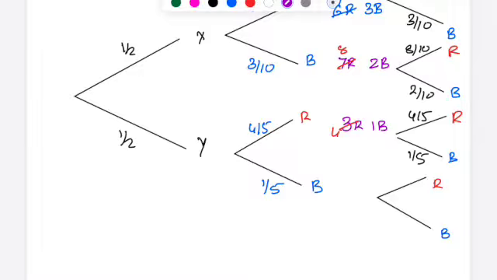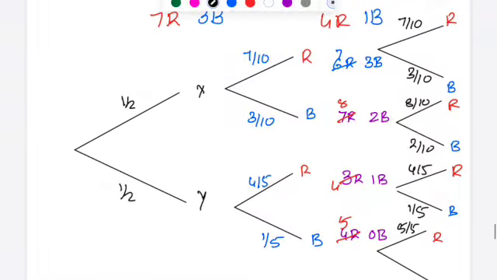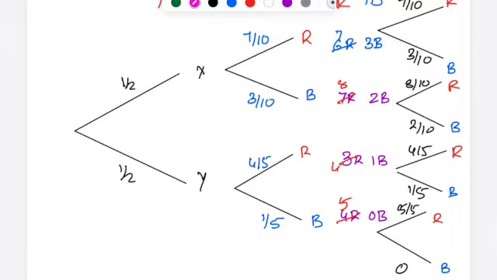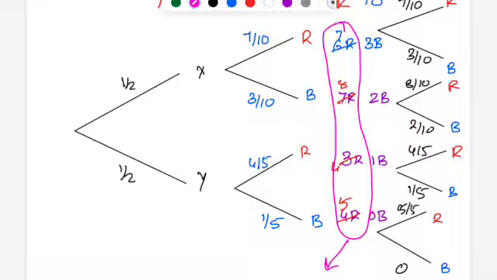In this case, it will become 4 red and 0 blue, but again one red is added, so it will become 5. So the probability over here will be 5 upon 5 and 0. This is going to be the way. Remember that in all these cases, one red is added.